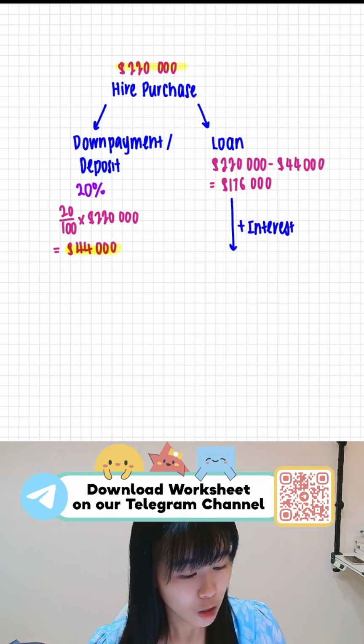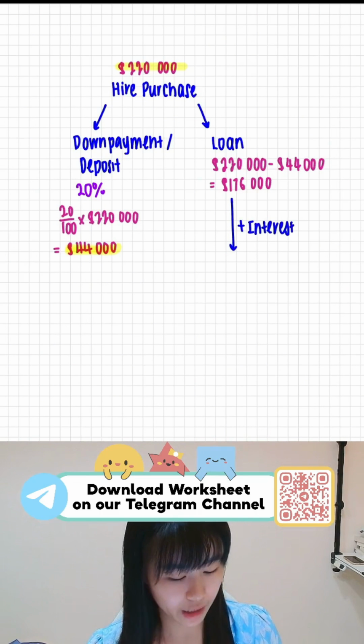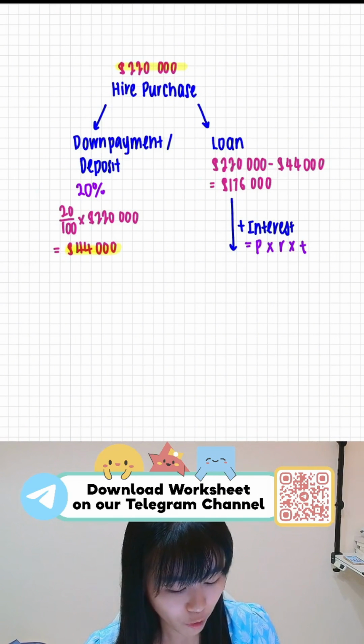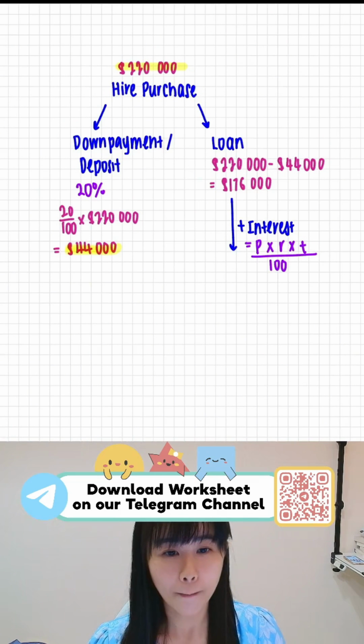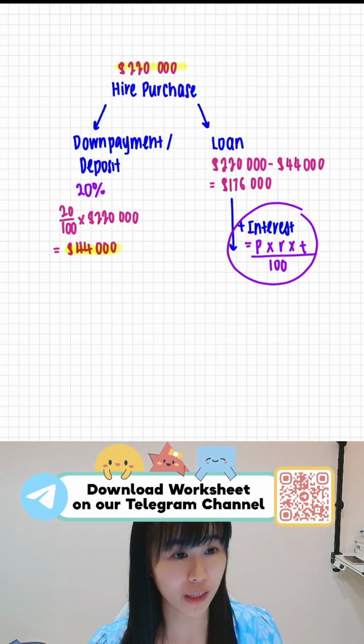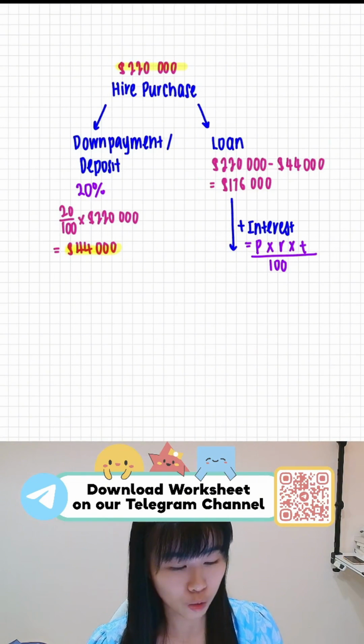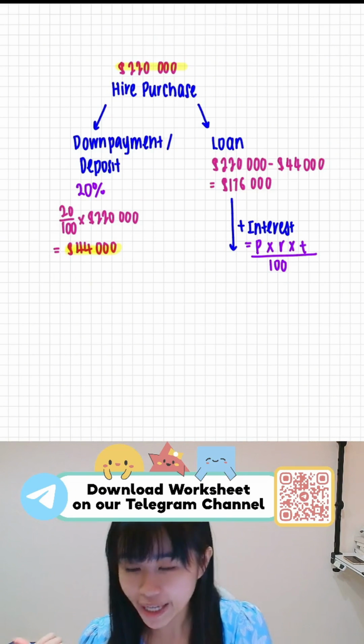So in secondary 1, we learned that interest is principal times rate times time. Your rate is always out of a certain percent. So interest is equal to P times R times T over 100. This is what you learn in secondary 1. This is the formula. Now this is where it comes in. Do you know what is the interest to buy a car in Singapore?